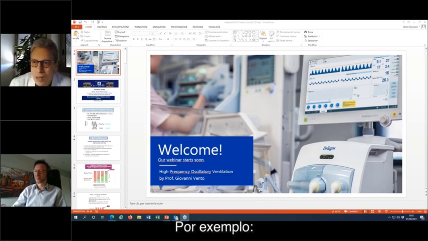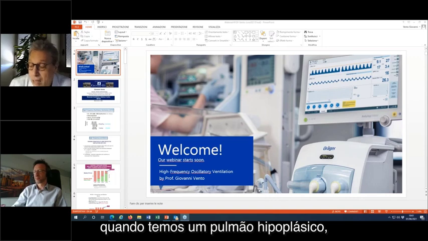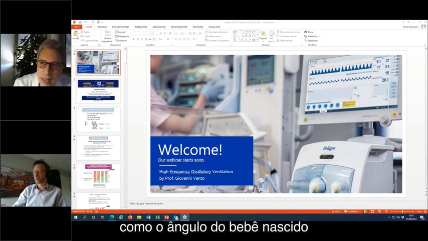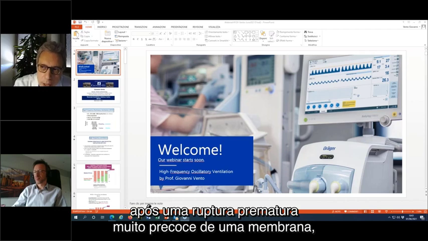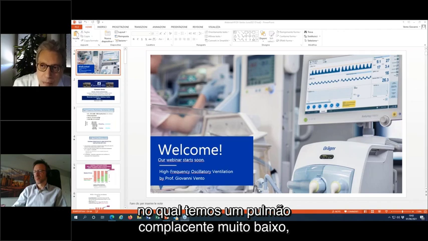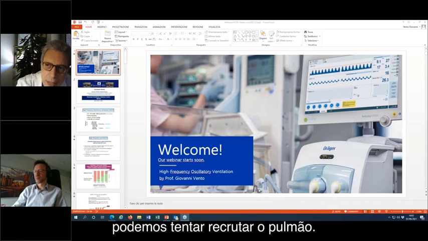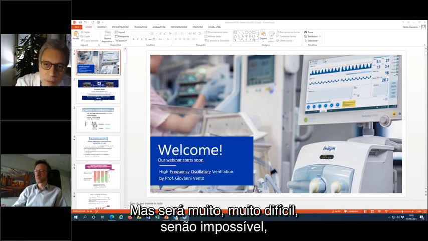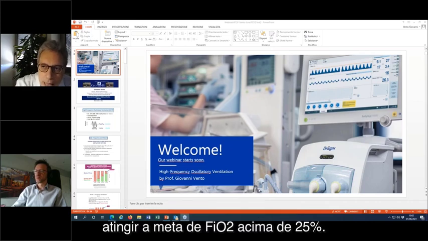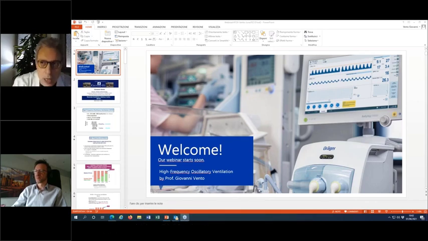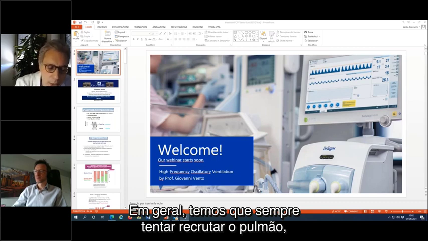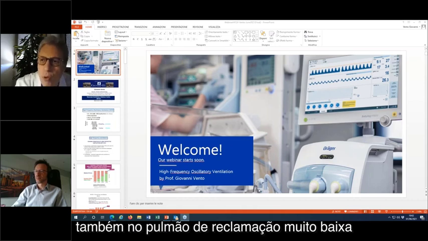For example, when we have a hypoplastic lung, such as the lung of the baby born after very early premature rupture of membrane, in which we have a very, very low compliant lung, we can try to recruit the lung, but it will be very, very difficult, if not impossible, to reach the target FiO2 of 25%. In general, we always have to try to recruit the lung, also in the very low compliant lung.